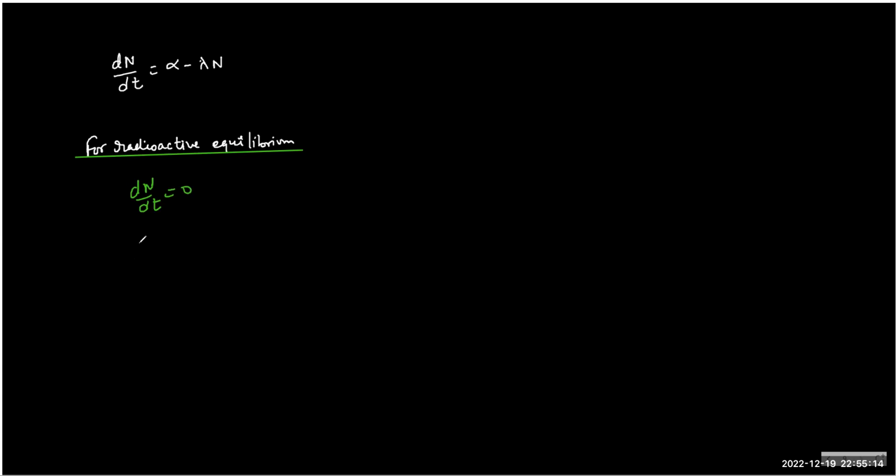Yes. So alpha minus lambda N final equals 0. So how many maximum number of nuclei can we have eventually in such a reactor? The answer is alpha by lambda. So this could be a potential question in the examination.